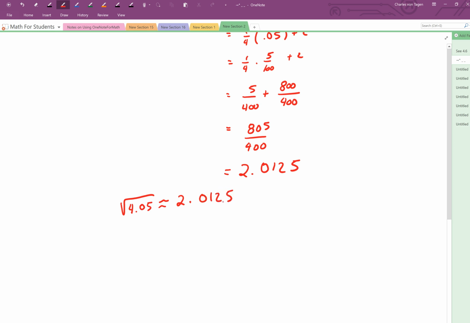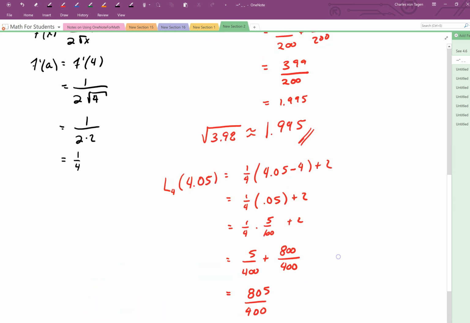Well, that's pretty good, because if I write out the square root of 4.05, let's go to 5 decimal places, I get 2.01246, which is, up to 5 decimal places, what the square root of 4.05 is. It is very, very close to our approximation.